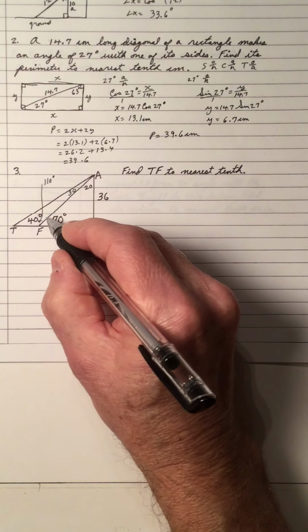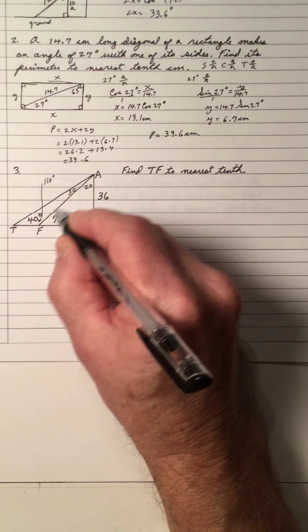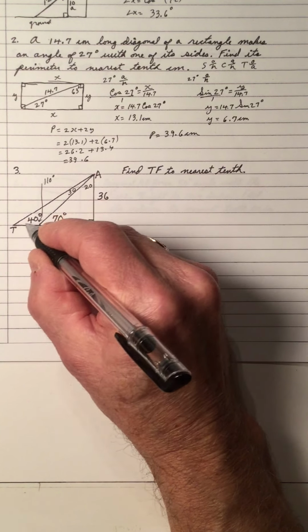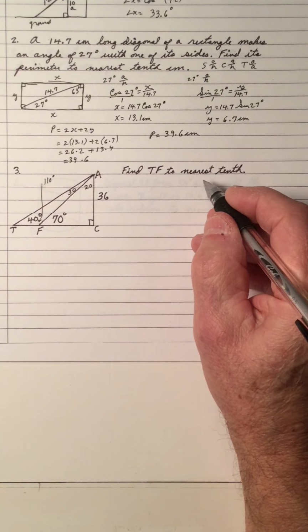But what I'm getting at is, even though I can call it 110, I can't use the triangle TAF because triangle TAF is not a right triangle. So I have to do it some other way.